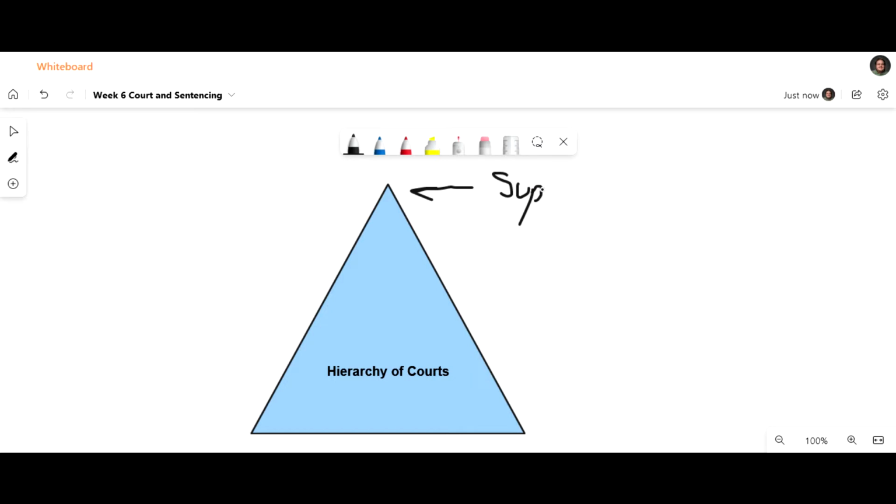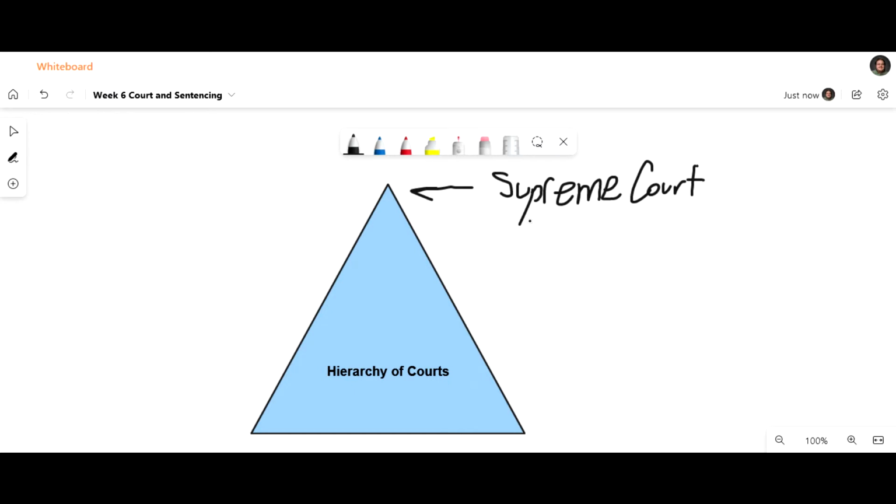And again, I'm going to apologize as always. My writing, I'm doing this with a mouse, so it's not the most perfect. What I really need is one of those boards that I can plug in and write with a pen. Anyway, for the federal system, our Supreme Court is the top.